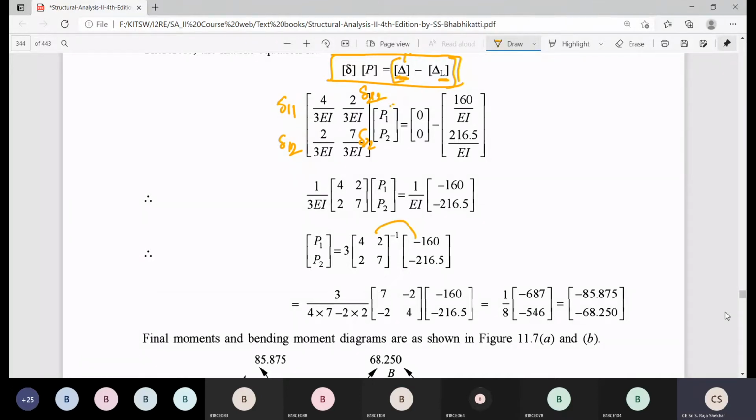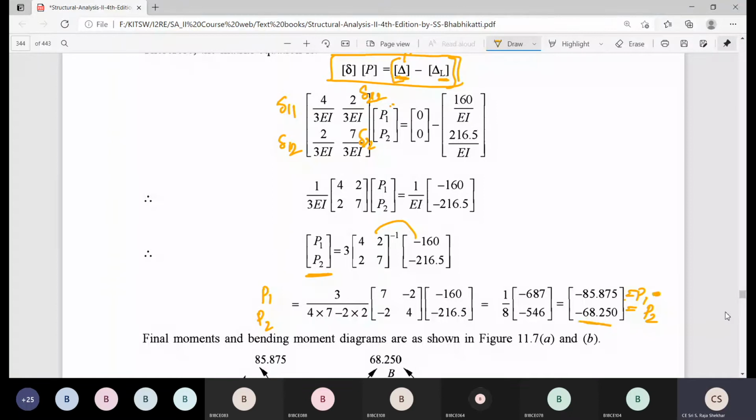Finally you are going to get the unknown force matrix, that is P1, P2. So P1 will be equal to 85.875 kilonewton meter and P2 will be equal to 68.250.